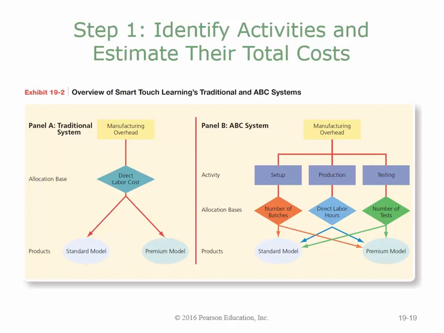For production, it's the direct labor hours, because it's the number of people working and how many hours they're working. And then for testing, it's the number of tests they run. So then if you know that a certain amount of the overhead is going to setup, if you divide it by the number of batches, you know how much overhead per batch you have, right? And then you can apply it. That's the idea.